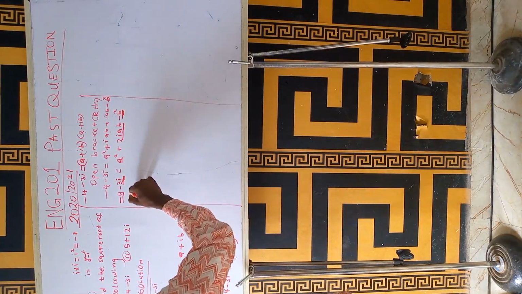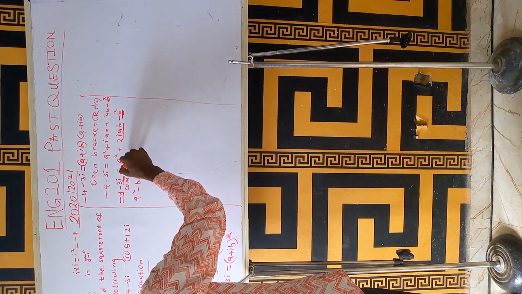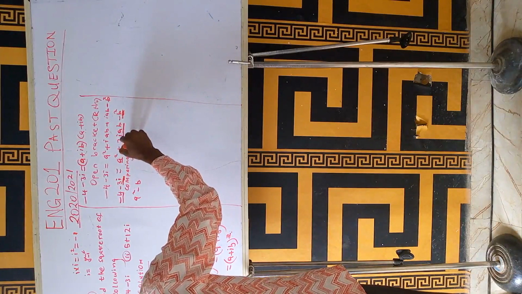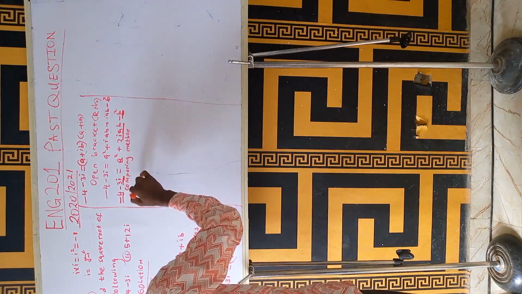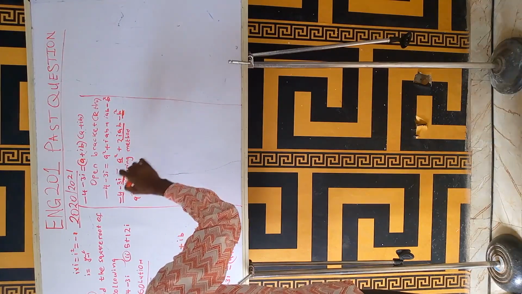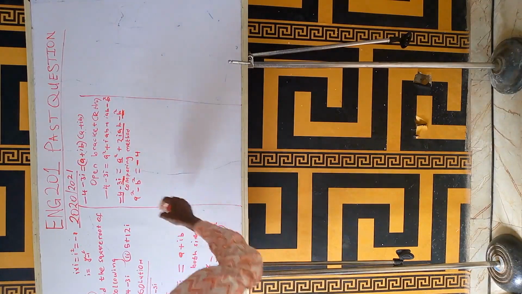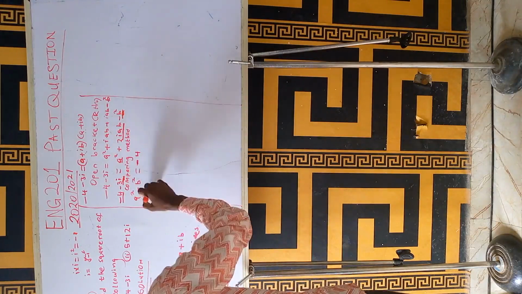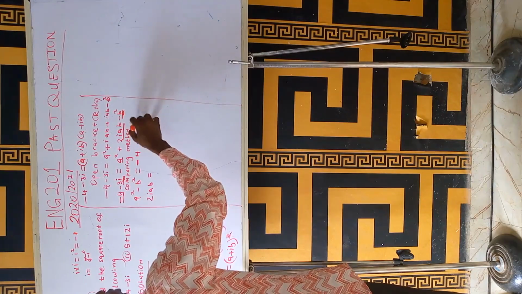That means a squared minus b squared is real. When I use the comparing method, a squared minus b squared gives minus 4, and this is our equation 1.